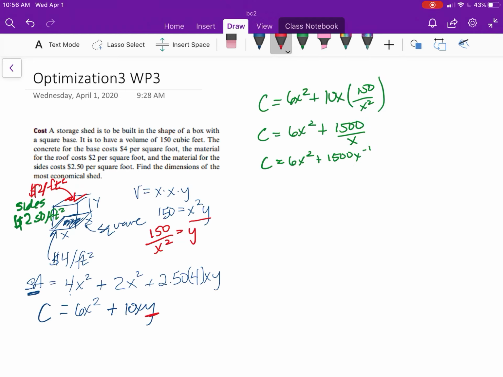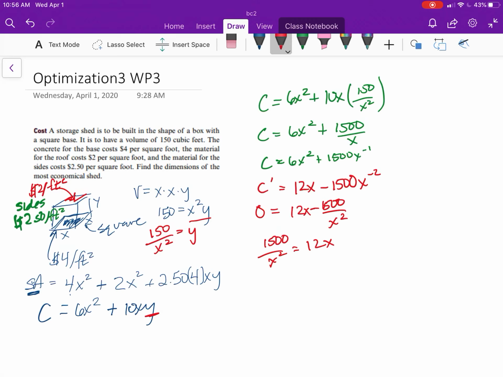Okay, now we can start the derivative. Set equal to 0. Derivative is 12x minus 1500x to the negative 2. Set that equal to 0. 12x minus 1500 over x squared. So 1500 over x squared equals 12x.